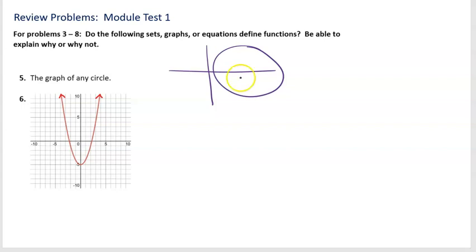One reason is for this particular x right here, no matter what it is, I have 2 different y values. Look, that y value and that y value both go with that particular x value. Now, you could say that it fails the vertical line test is probably the easiest way to answer that question. So no, it's not a function. Why? Because it fails the vertical line test.